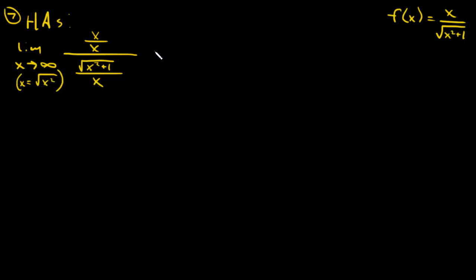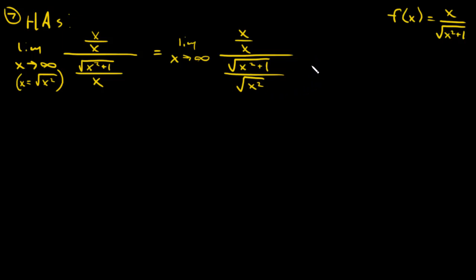So I'm going to have the limit as x goes to infinity of x over x, over root (x squared plus 1) divided by, and that's a plus, and then this x is now going to be root x squared. And we'll have a root over root.